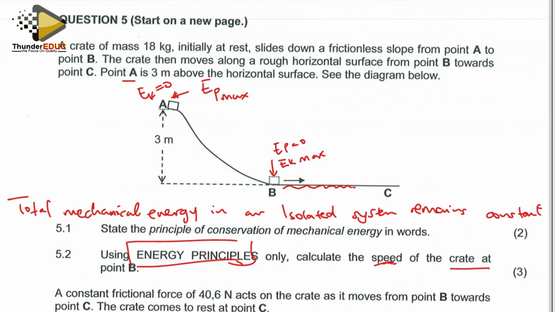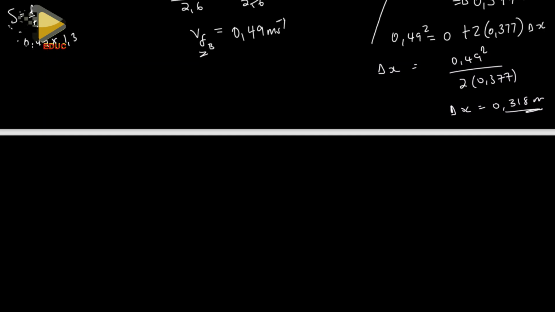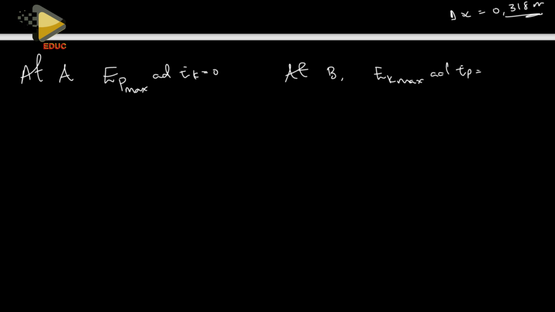Since there is conservation, at A we have EP max and EK 0, and at B we have EK max and EP being 0.